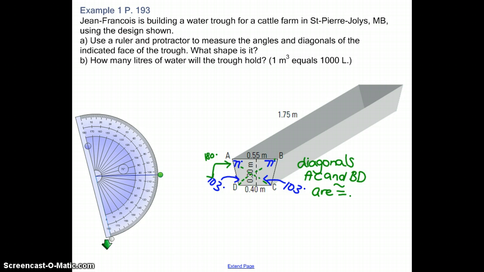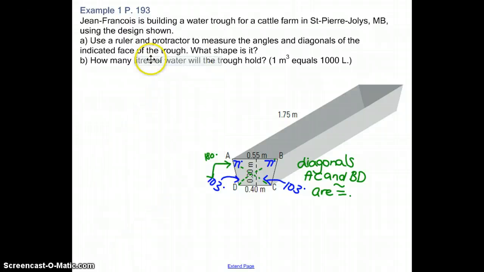Okay, then we're going to find the volume of this trough. So volume, we have a formula for that, is the area of the base times the height. So the base is this shape that we're working with here. So it's a trapezoid.